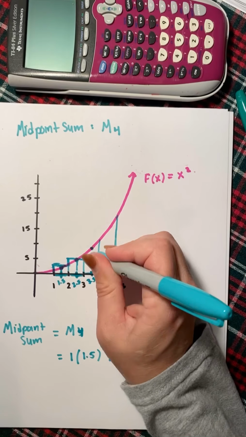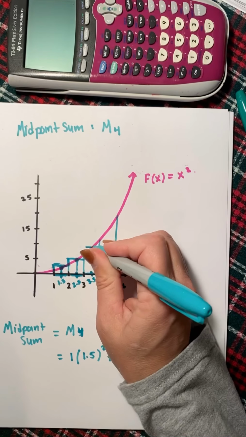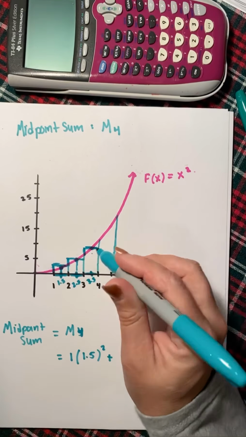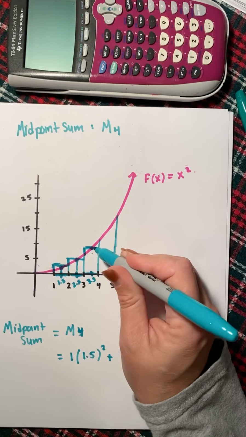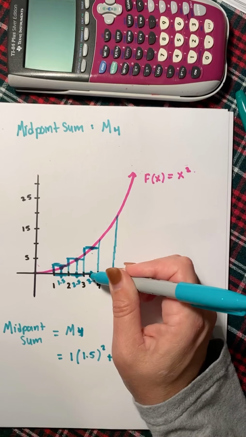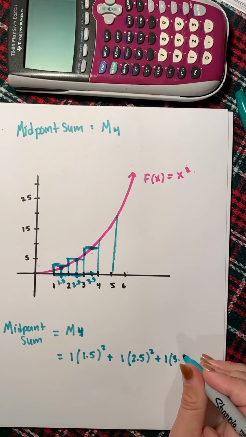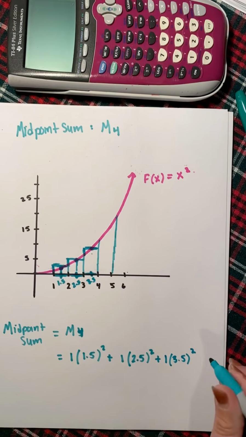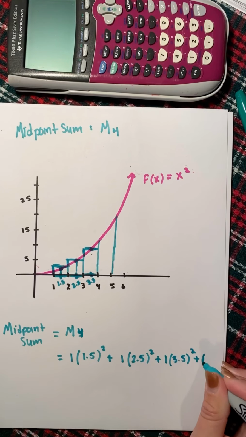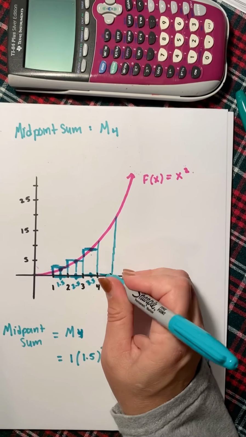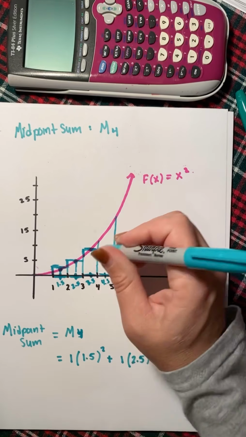Go between 3 and 4, it'd be 3.5. We'll be determining the height of the next rectangle. So the base still stretches between 3 and 4, but the height is determined by the midpoint between 3 and 4, which is 3.5. So the third height is 3.5 squared. And then for the last one, the base is still 1. The height will be determined by 4.5.